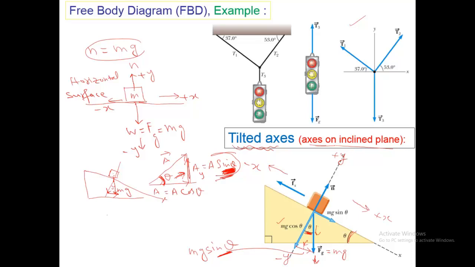So this is mg itself, this is mg sine theta, and this one is mg cosine theta. Again, this mg sine theta is parallel to this vector. This is the force of friction, frictional force, opposite to the direction of motion, and this is mg sine theta. So you will be dealing with these concepts. Please keep in mind. All right.